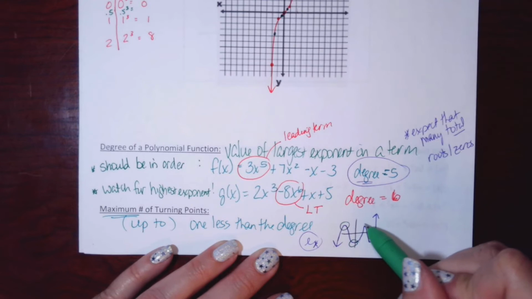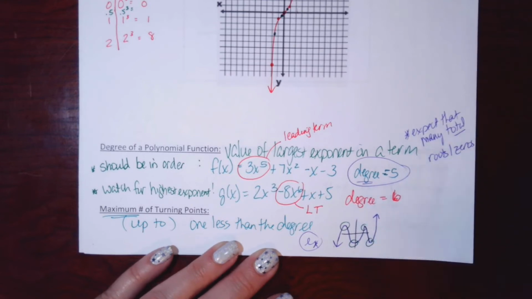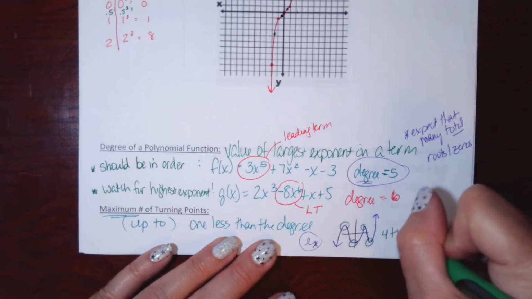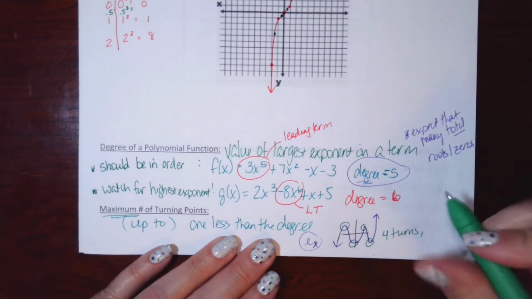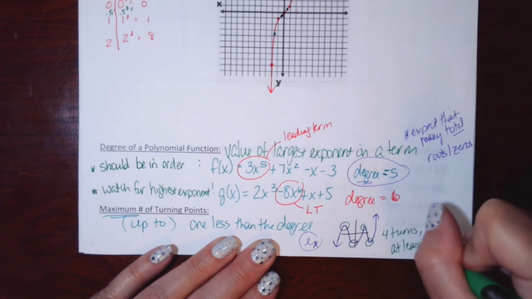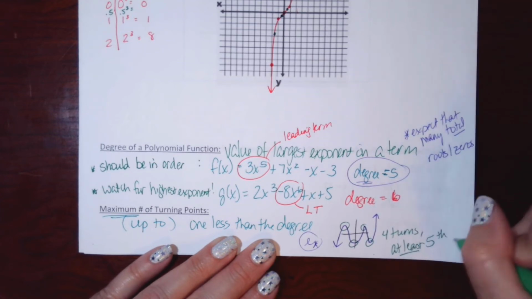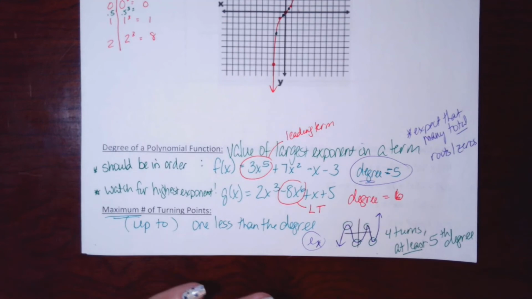Turns and goes up, turns and goes down, turns and goes up. Has 1, 2, 3, 4 turns. Since it has 4 turns, it has to be at least 5th degree. It could be 7th degree or 9th degree, but it can't be a 3rd degree polynomial. Cannot be a 4th degree polynomial. It has to be at least a 5th degree polynomial. All right.